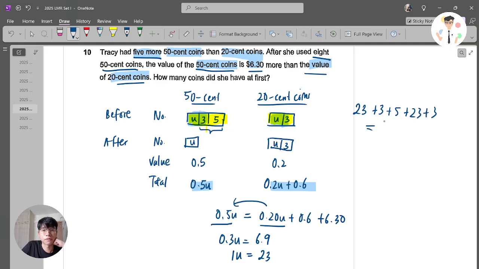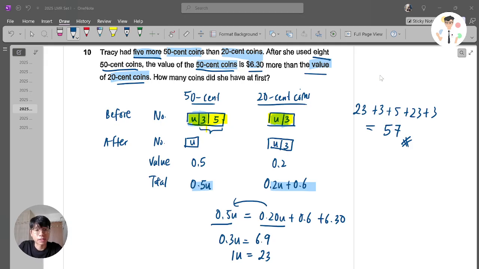And the number of coins she had at first is 57. Okay, so that is how we solve this question. So you can kind of consider this as a before and after concept, but it includes the number and value concept also. Okay.